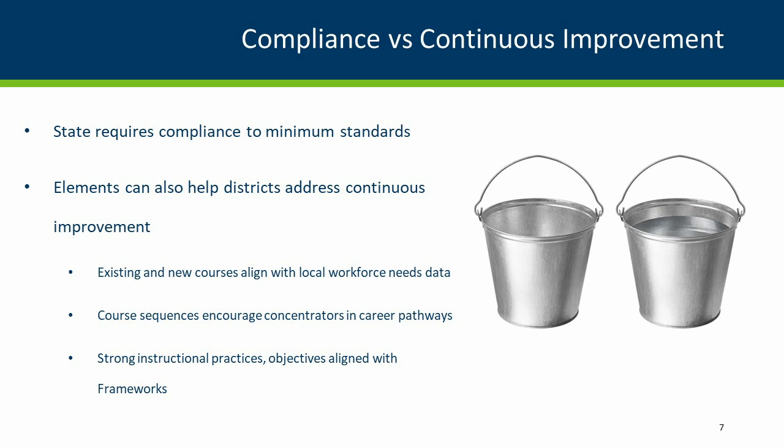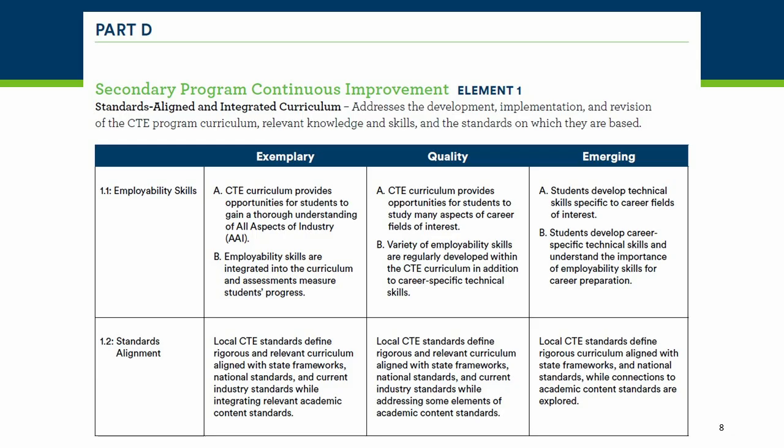Do I have the right kind of course sequences that are encouraging students to move into a particular career pathway? And do we have the right kind of instructional practices or objectives aligned with frameworks that are really addressing our workforce needs? So those are all things you can keep in mind as you're thinking about improvements for your program in the next couple of years. We've created a tool to help you do that, and I've actually lifted this information out of that programs of study guide I just mentioned.